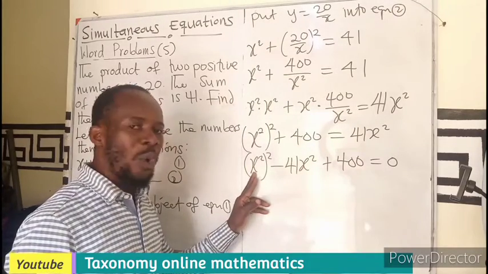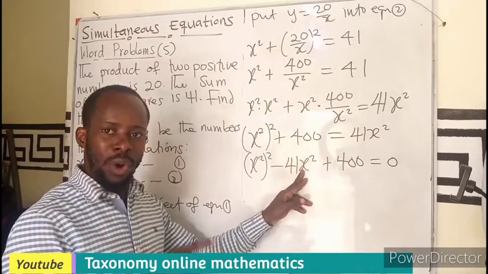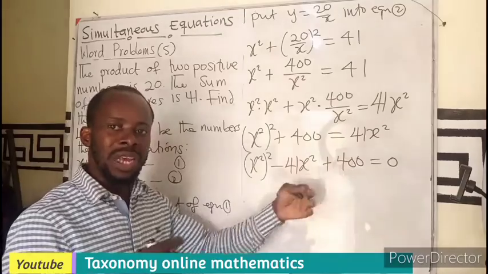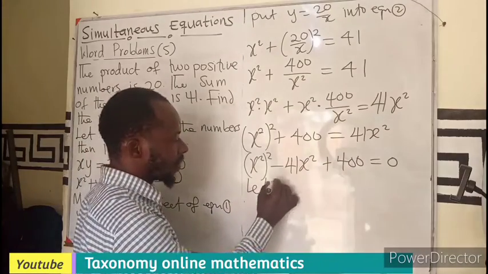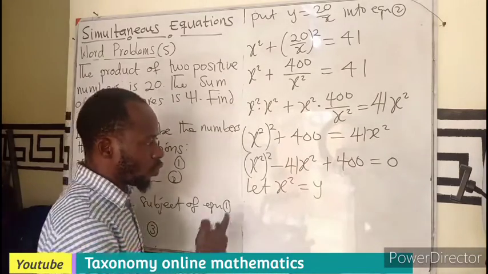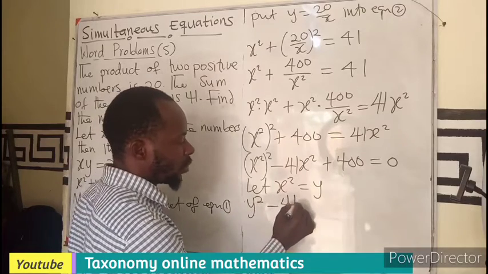If it will be only y in place of this, the x squared becoming y, the x to the power 4 here will also be y squared. Then it means I'll be having y squared, y, a constant, a quadratic equation. So we are going to say let x squared equal y.